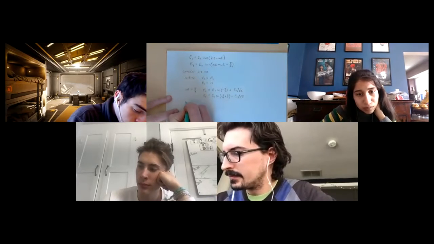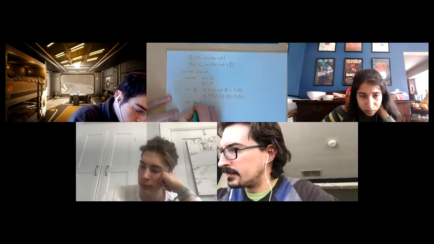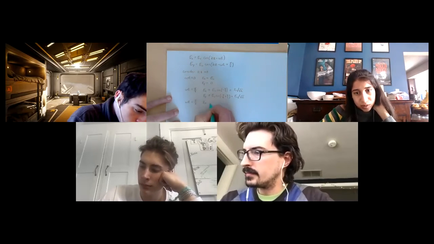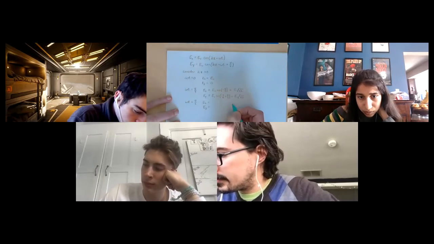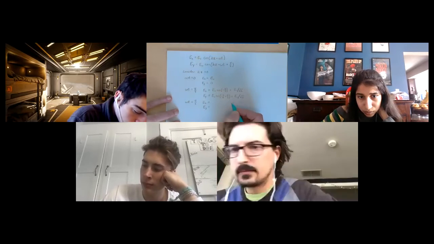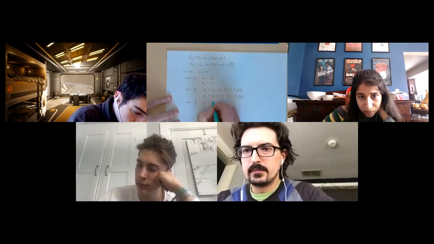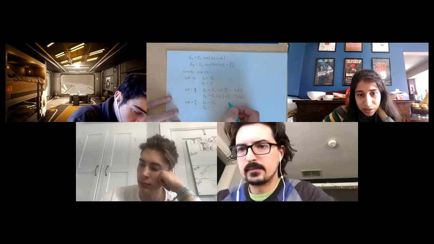Okay, let's keep going. Omega t is pi over 2. EX and EY, what are we going to get there? No, 0 and 1. The first one is 0.